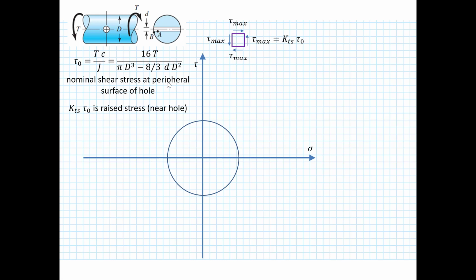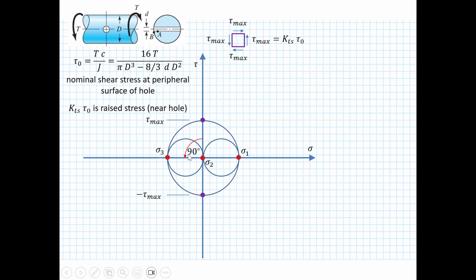So it has to be a principal shear stress. There's no principal stress, no normal stress. So what that means is that the purple shear element here must have these points. There's no sigma, no normal. So that sets my circle straight away.